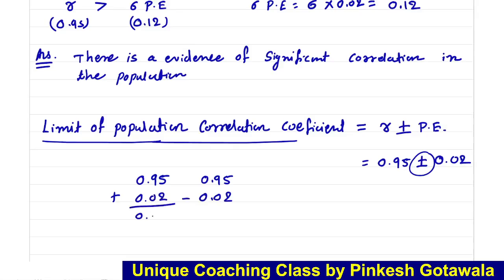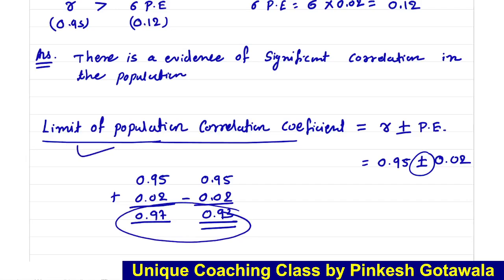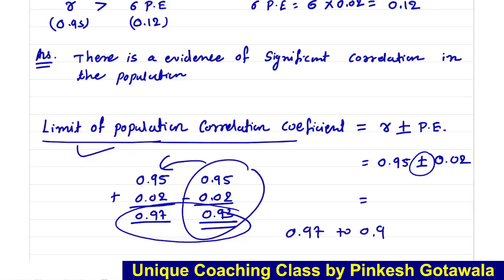If we add, we get 0.97. If we subtract, we get 0.93. So the population correlation will be in the range 0.93 to 0.97. Always first subtract and then add, because you cannot write 0.97 to 0.93.